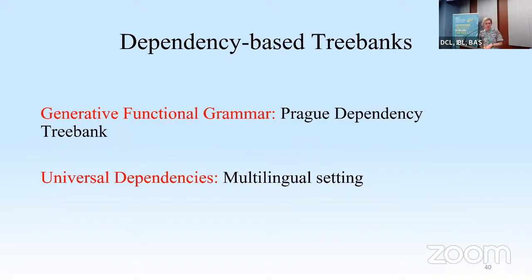Okay, so in the dependency-based treebanks, it is important for you to know more about the universal dependencies because it is now the state of the art. But I always want to mention the Prague group because they were the first to inspire dependency parsing and treebanking.